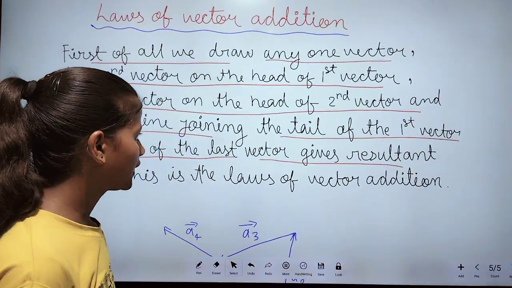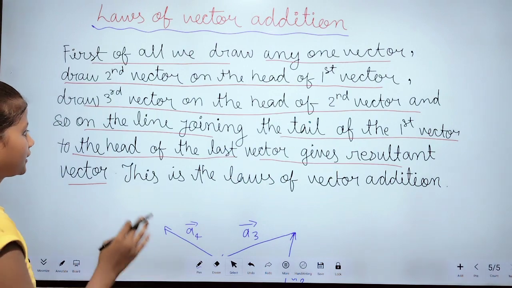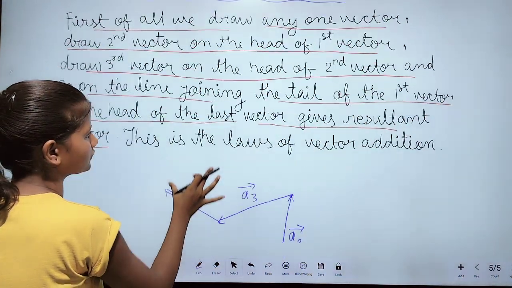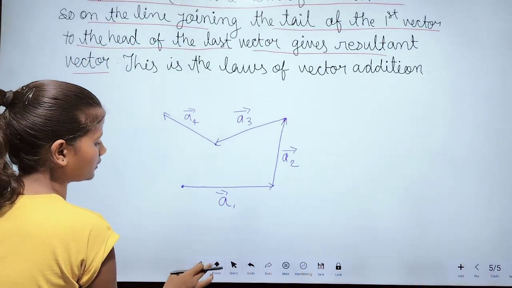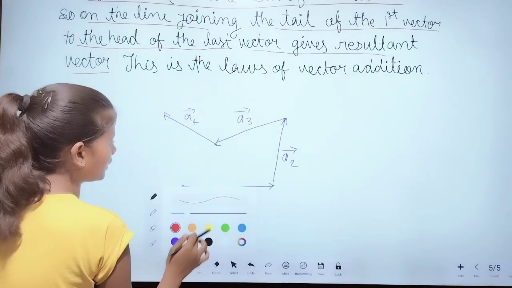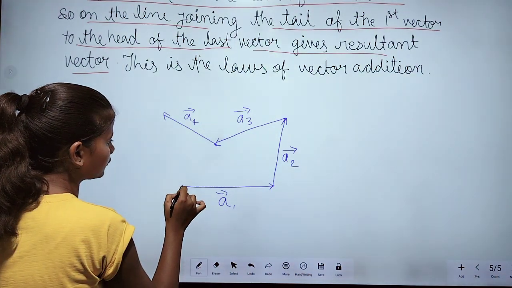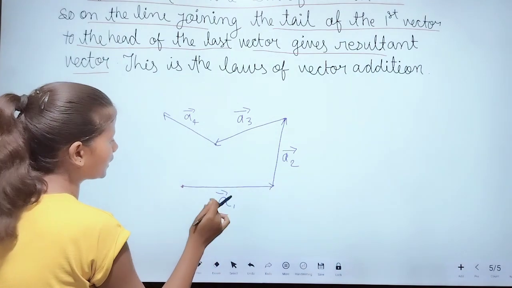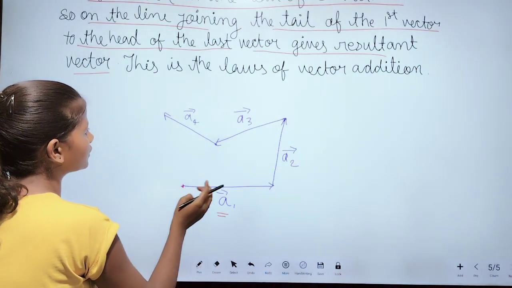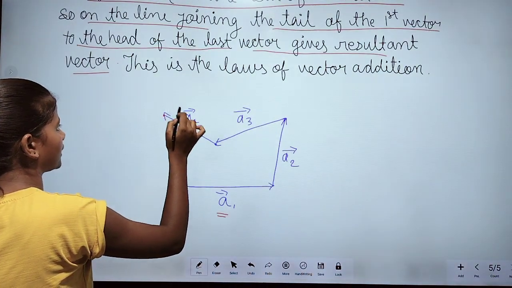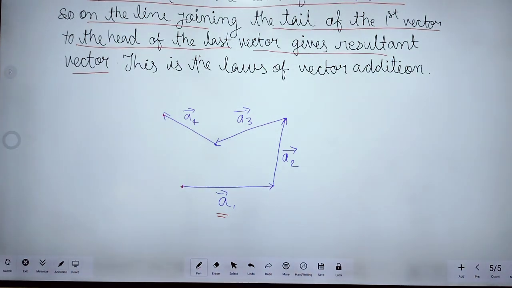The line joining the tail of the first vector to the head of the last vector. This one is our first vector, the tail of the first vector, to the head of the last vector. This one is the head of the last vector.